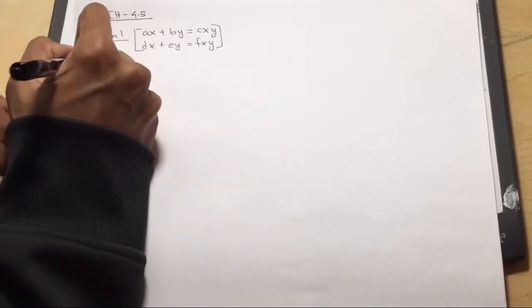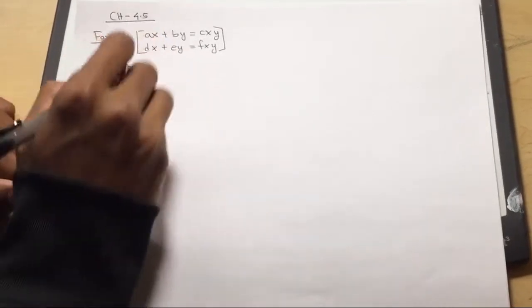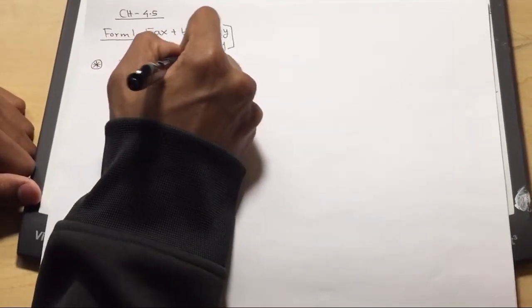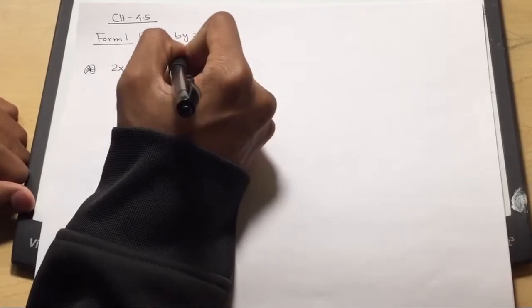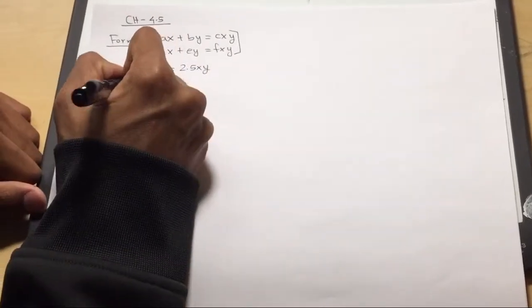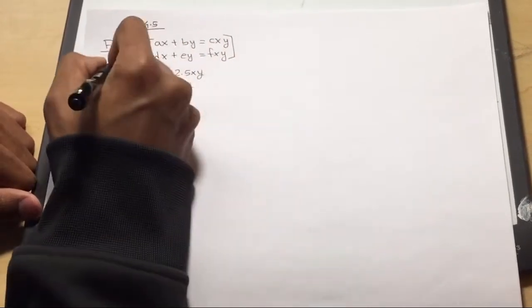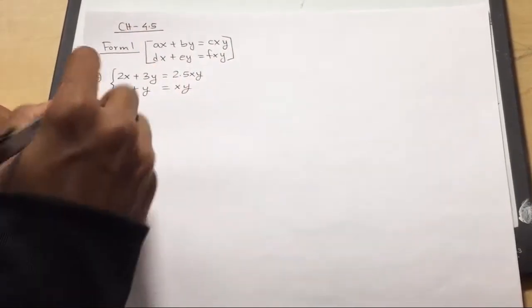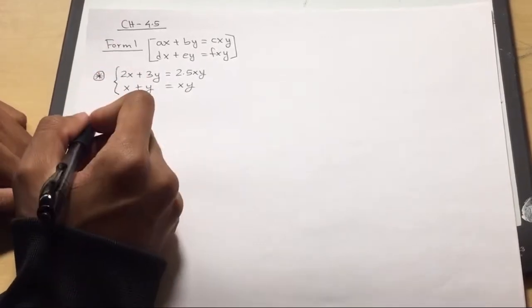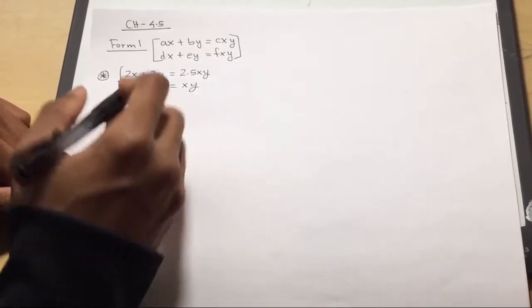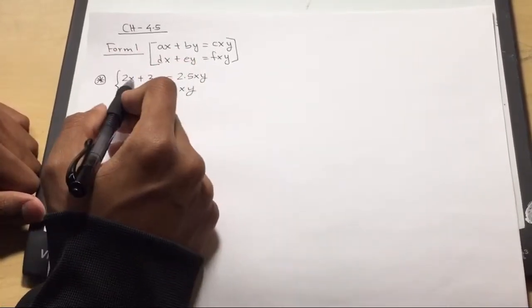So now let's do a problem. Let's say we have 2x plus 3y equals 2.5xy. And let's say we have x plus y equals xy. So these are my equations. So what I'm gonna do is divide by x and y on both sides.